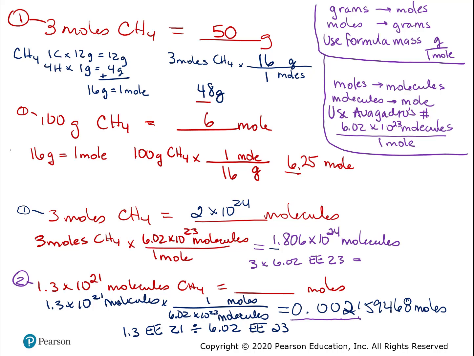The next number's a 5, so what does that do? It's going to round it up. So this would be 0.0022. I keep those zeros out front because it shows the size of the number. So 0.0022, 2 significant figures in that answer.